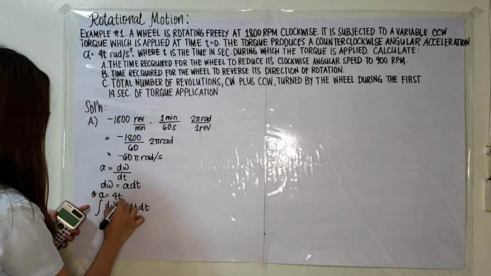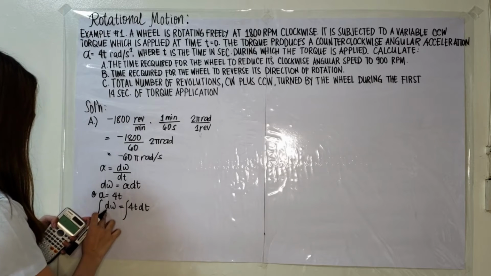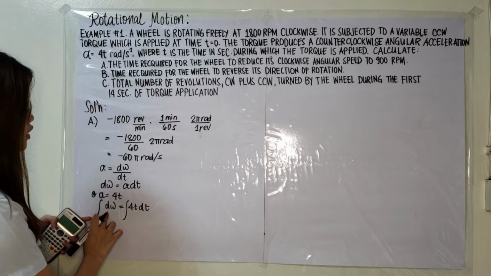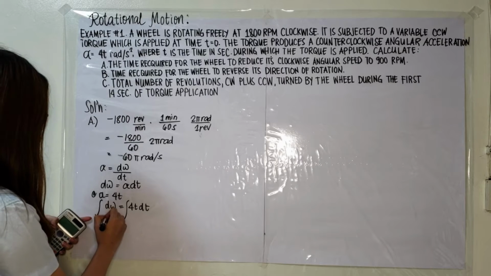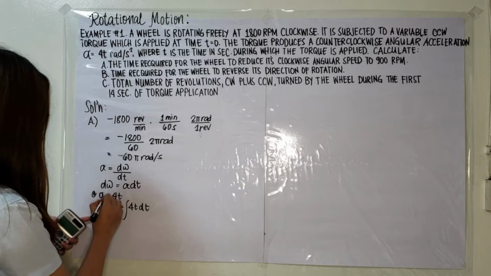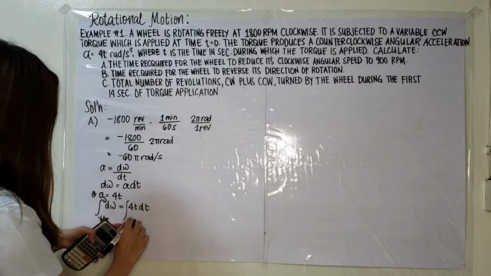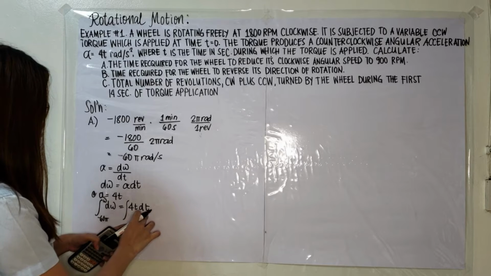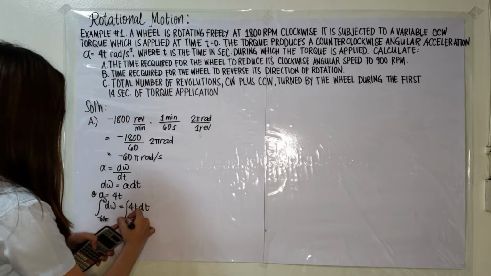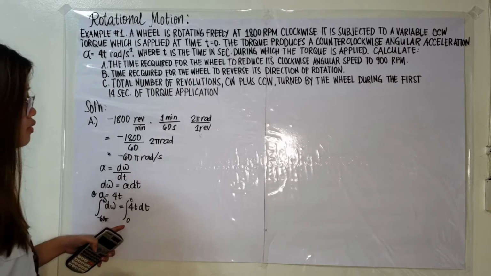Integrating both sides, the integral of d omega from negative 60 pi to omega is equal to the integral of 40t dt from 0 to t.